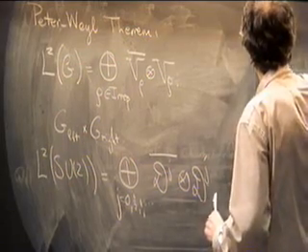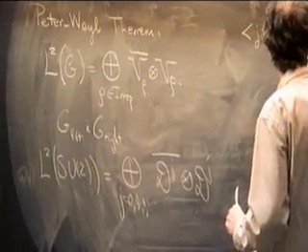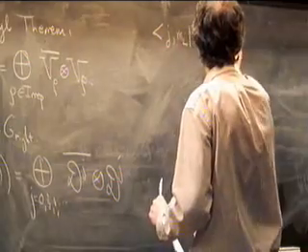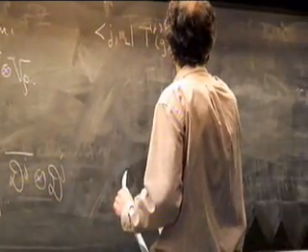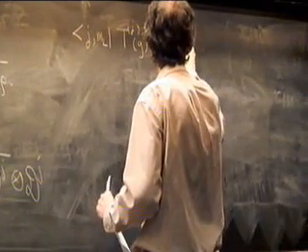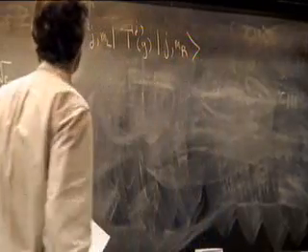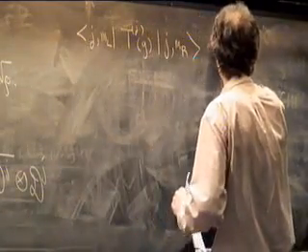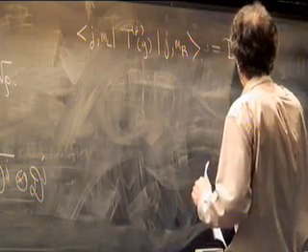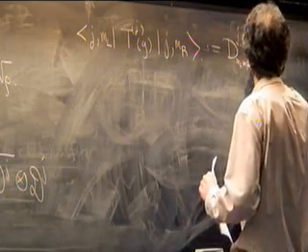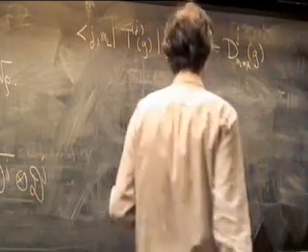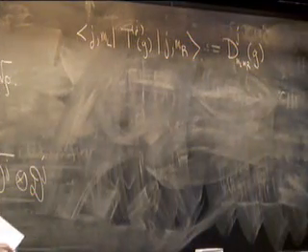So if we're in the spin J representation, then we can take the matrix elements in that representation. These matrix elements are by definition something called the Wigner function. So this is some concrete function on SU2.